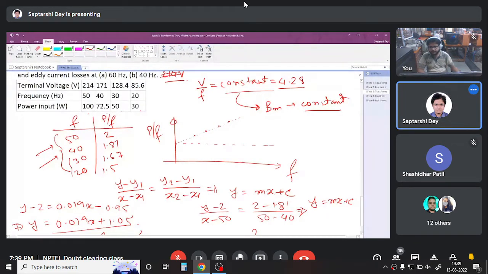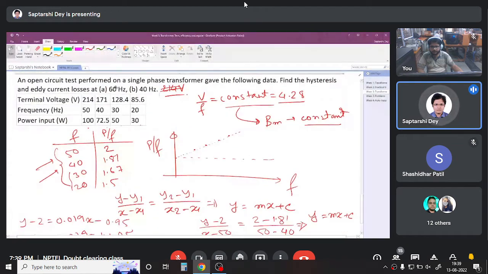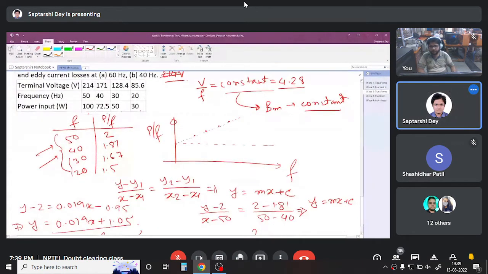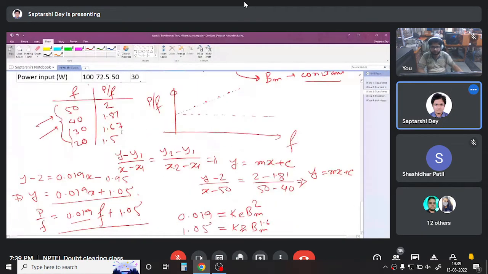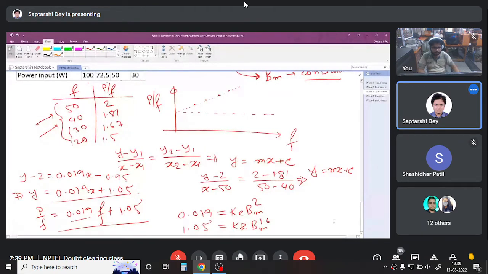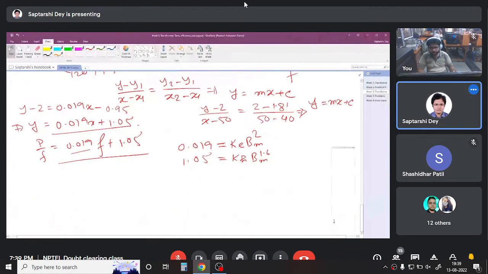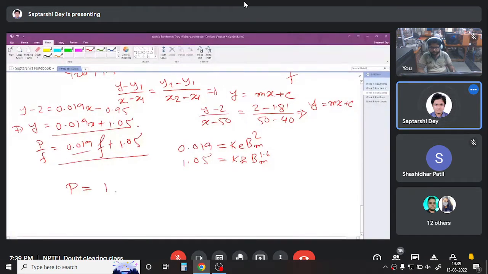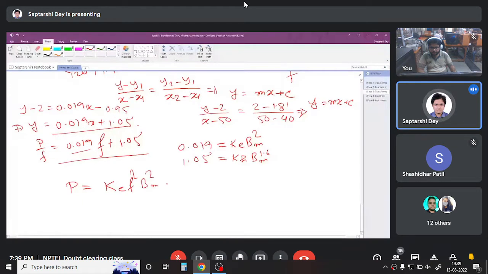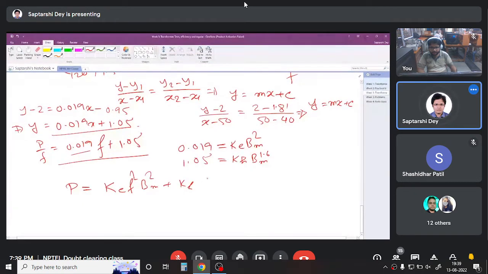So we have been asked to find out what are the losses at 60 Hz and 40 Hz. How to find out? P equals K_E F squared B_m squared plus K_H F B_m to the power 1.6.